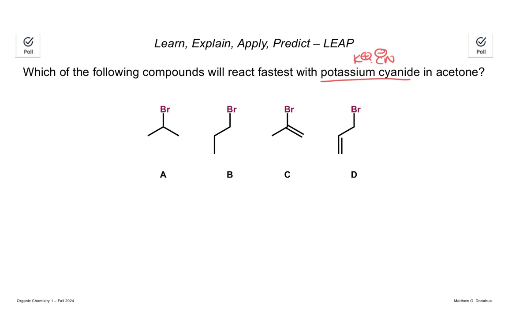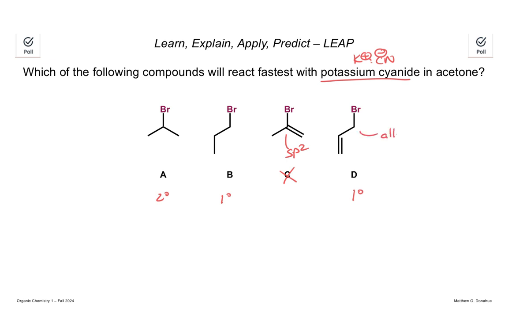So the structures are drawn. Next thing we do is classify them. So that's secondary, primary. C is out because that's sp2. And then D is also primary. So now we're between B and D.